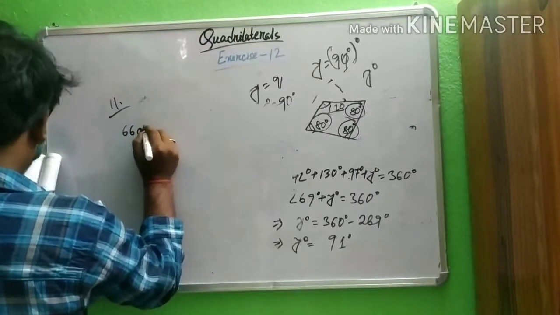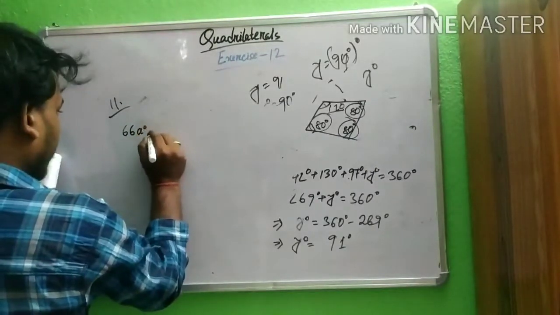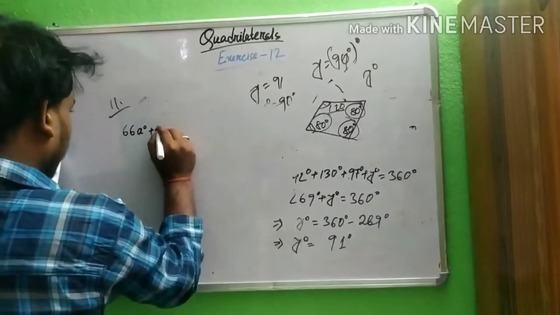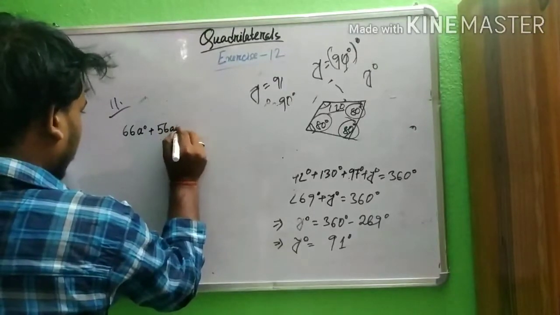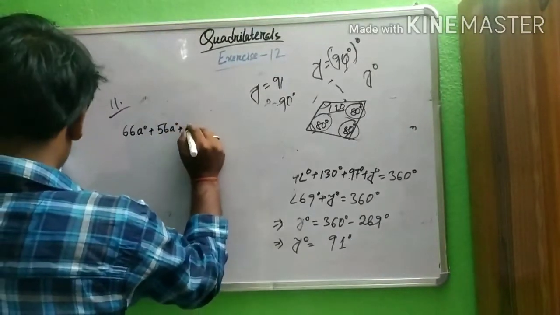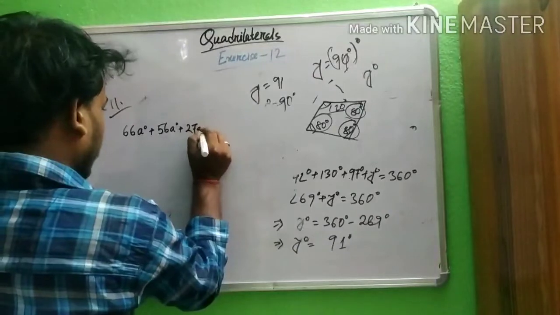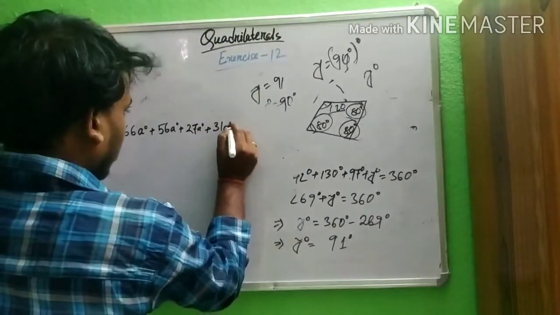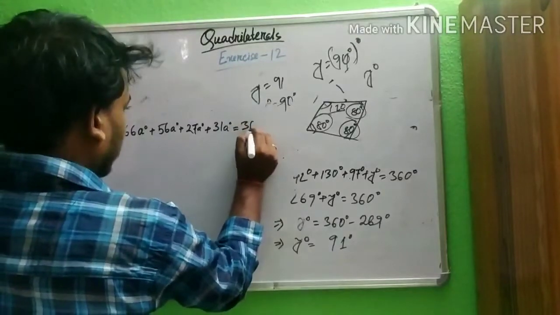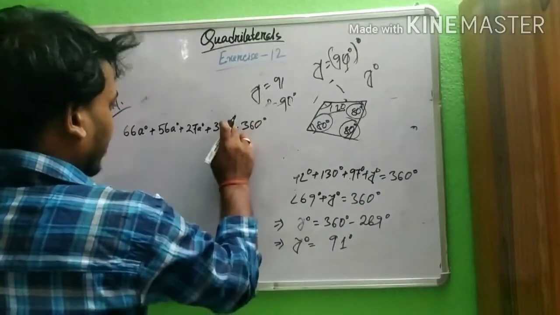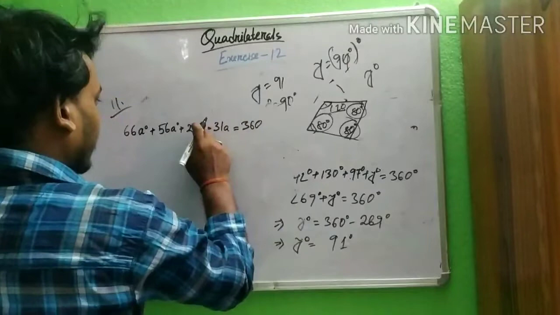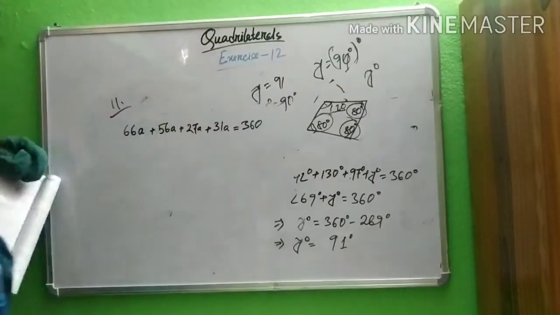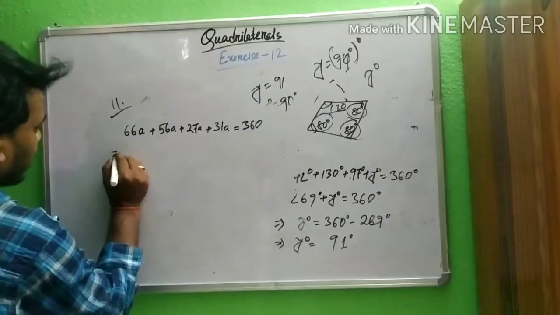That means 66A degree plus 56A degree plus 27A degree plus 31A equals 360 degrees. Or you can remove the degree on both sides, no problem. Degree will be removed, then the value of A will come.